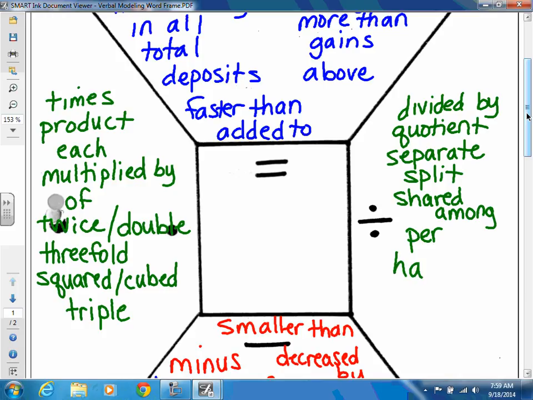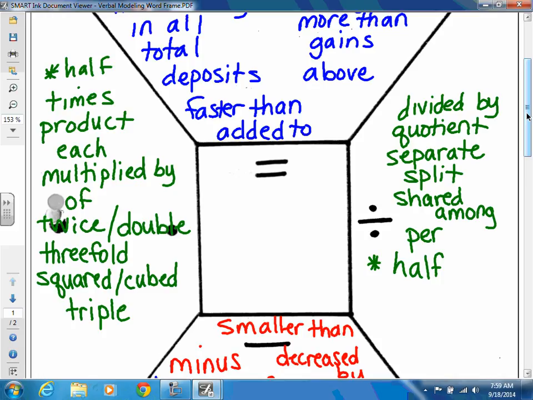Now the word half is going to be special. It goes over here in the division problem because you can divide by 2, right? But you can also put half in multiplication because you can multiply by 1/2 because you can take half of something. So it really depends on how you write it as to whether it's a multiplication or a division, but that's the only word that actually ends up on both sides. Okay, and that actually looks like it's all of the division words for us.